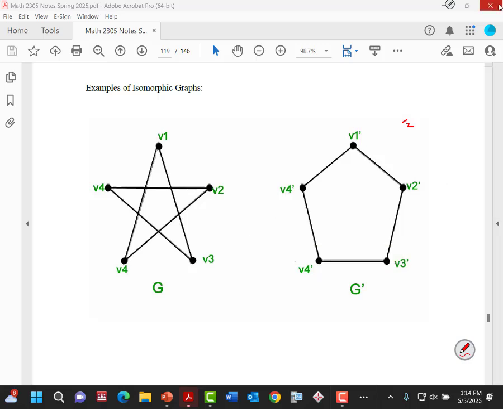So let's take a look at a couple of pictures right here. This first graph right here, this star-looking graph, notice that there are 5 vertices in this vertex set and a total of 1, 2, 3, 4, 5 edges in this edge set right here.